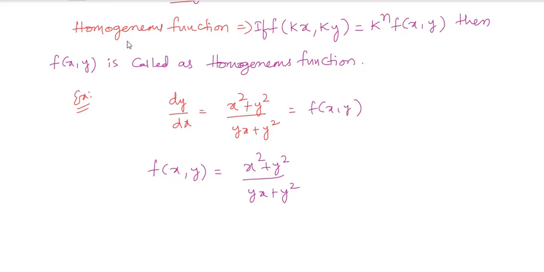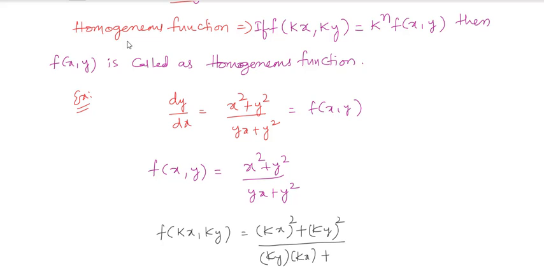In order to check whether the given function is homogeneous or not, I have to substitute kx in place of x and ky in place of y. What will I get? (kx) whole square plus (ky) whole square divided by ky into kx plus (ky) whole square.